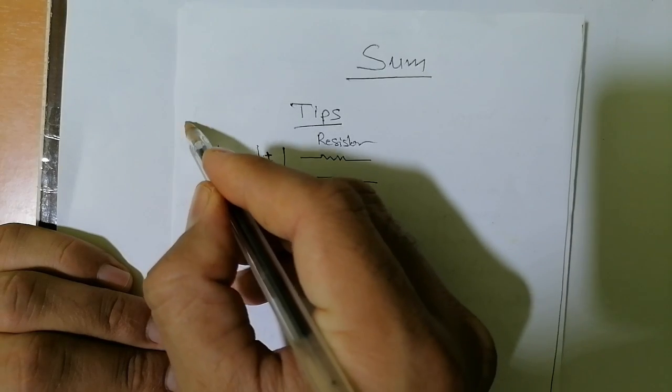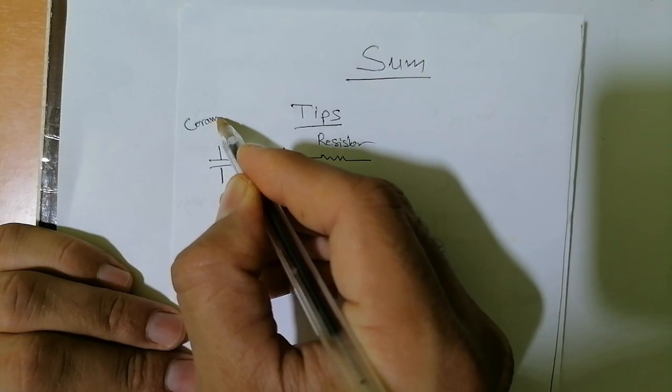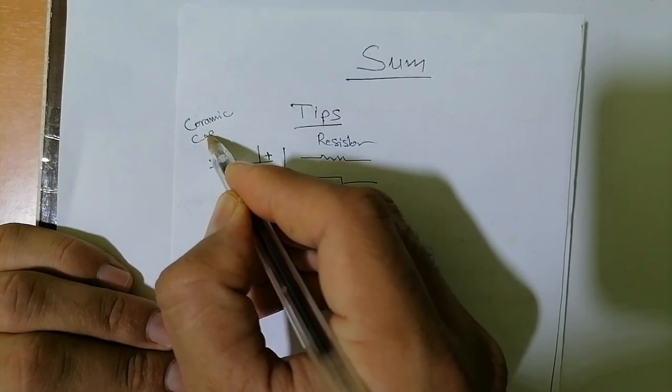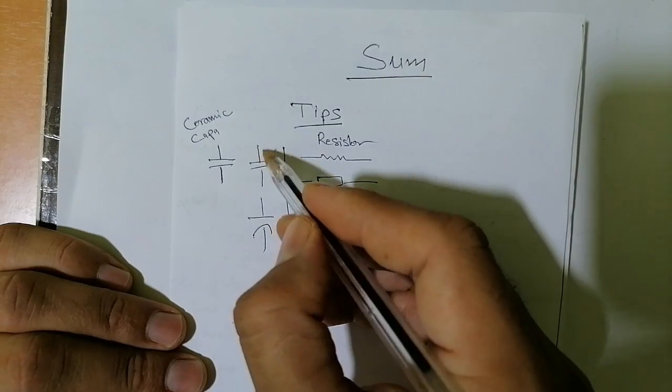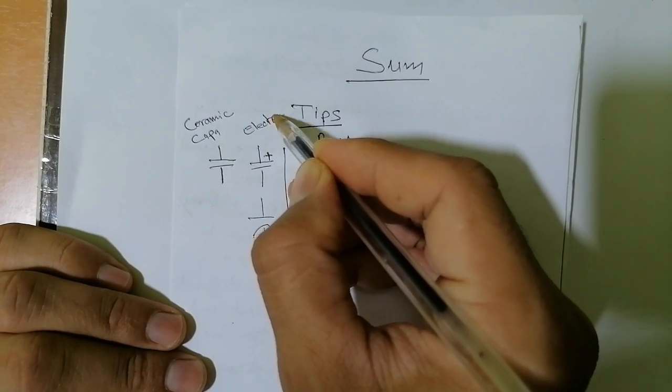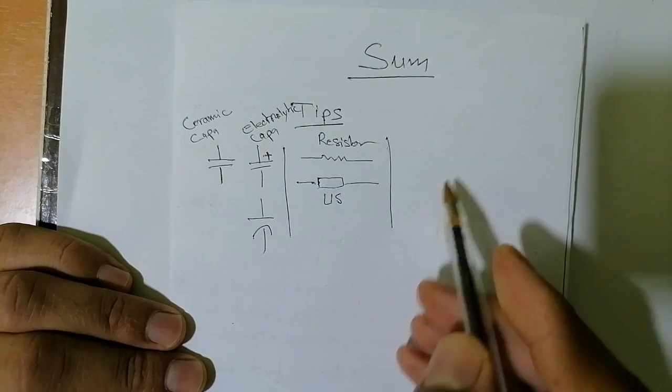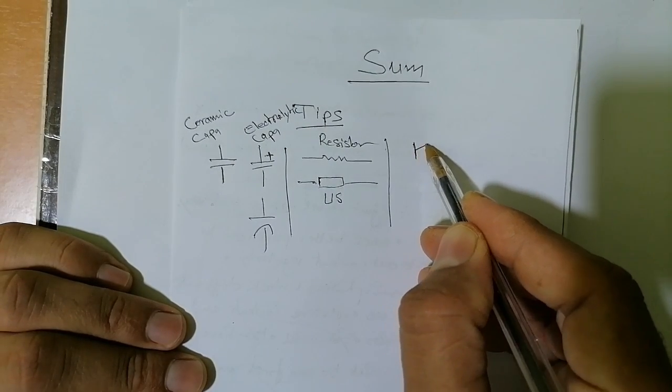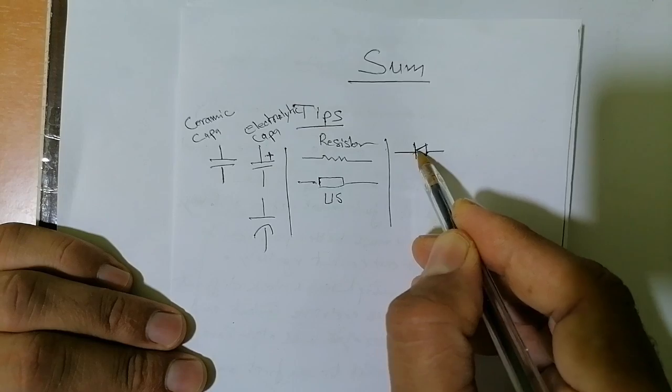So this is basically the ceramic capacitor, and this one basically is the electrolytic capacitor. This is the symbol for diodes, as you can see.